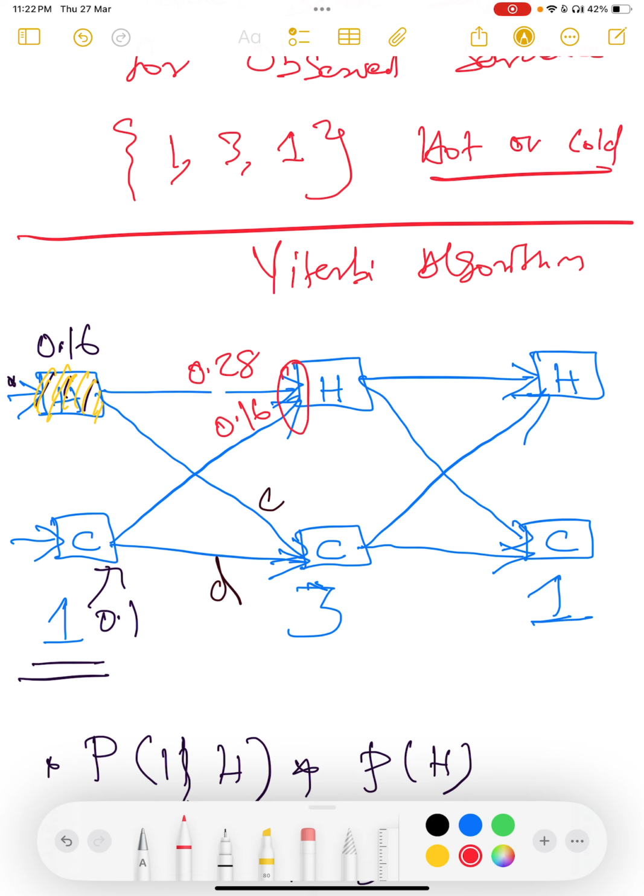Now, having said this, we have to do this for the arrow marks for the second day. For H, you have to compute the values. Before that, we'll compute C and D. So what will be C?